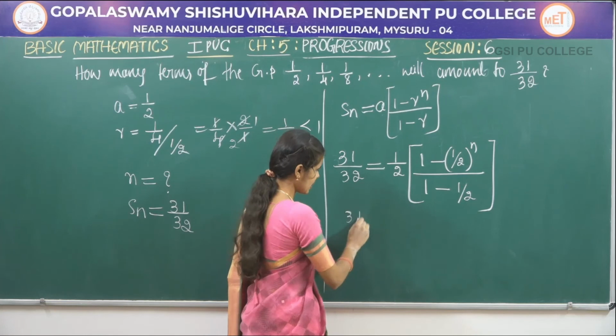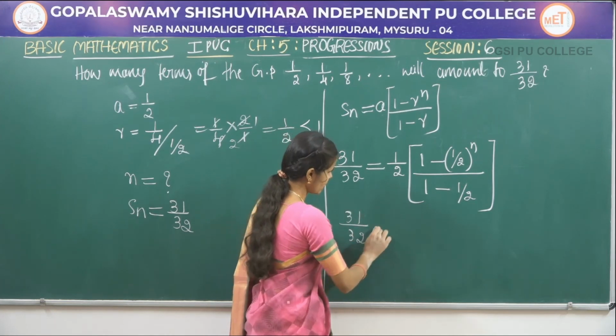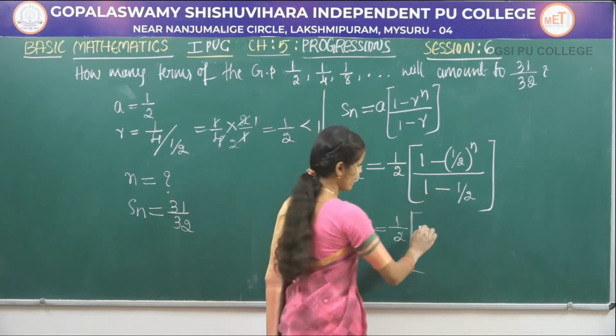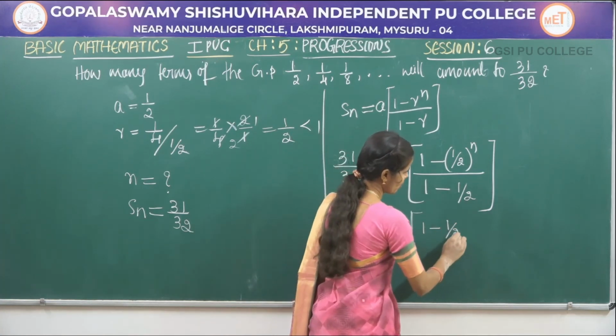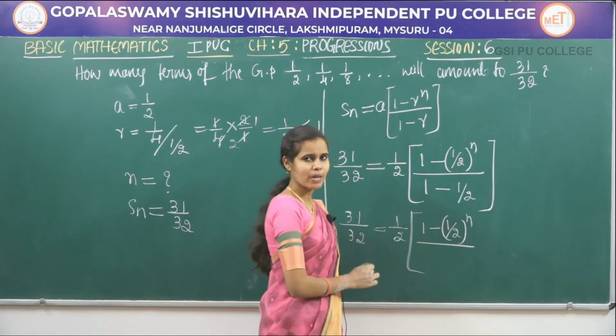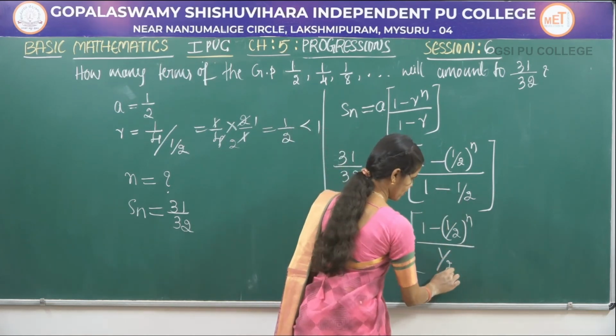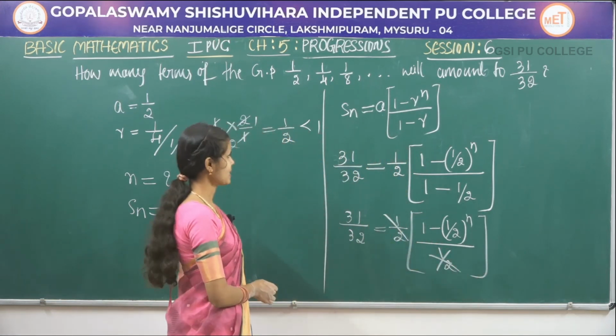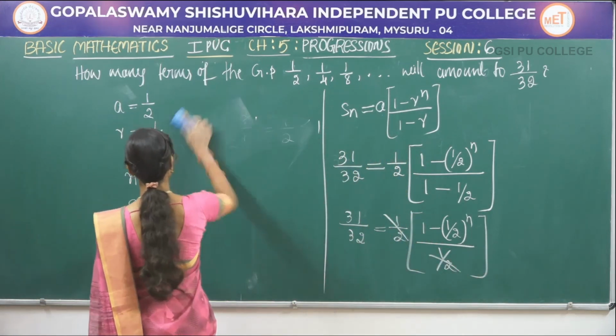So 31 divided by 32 is equal to 1 by 2 into 1 minus 1 by 2 whole to the power of n, divided by 1 minus 1 by 2, which is 1 by 2. So here 1 by 2 gets cancelled. Next simplify.